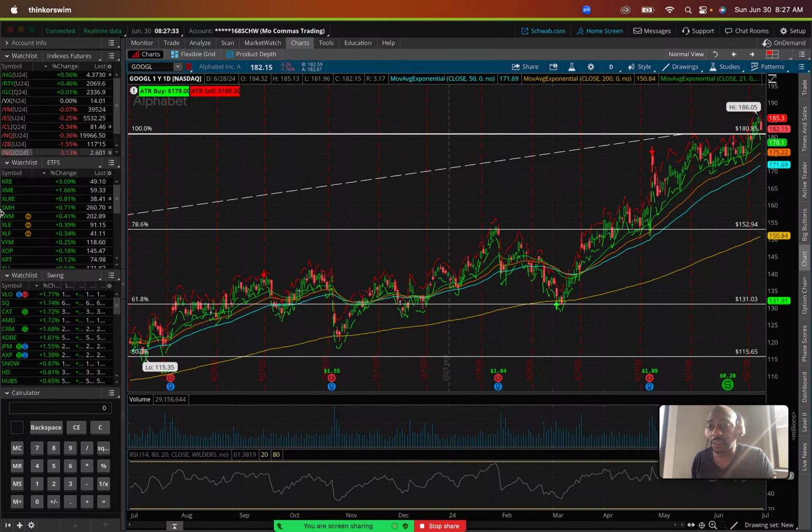Even though SMH was up 0.71%, XLK, which is the tech index, was down 0.05%, even though they are both heavily weighted in the NASDAQ, because there's a lot of chip stocks in the NASDAQ and there are a lot of tech stocks in the NASDAQ, right? So here's where you see a sector.